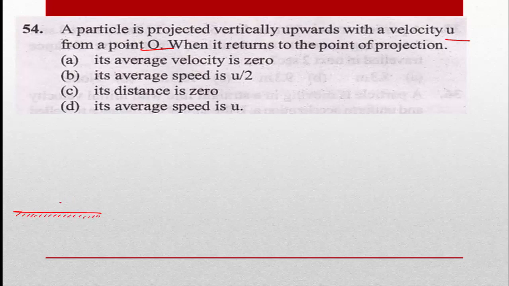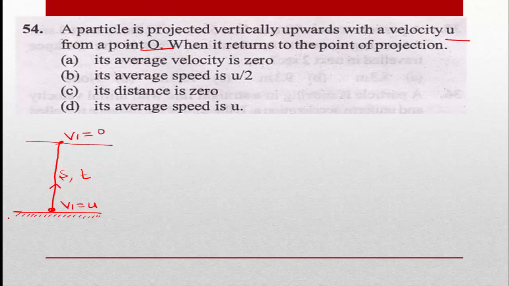The particle is projected vertically up with a velocity v1 equal to u. Distance travelled by the body is s and time is t. And therefore, the final velocity is 0.